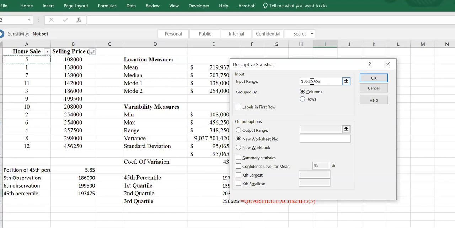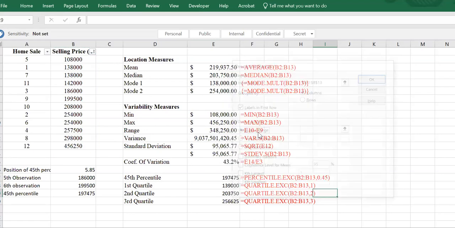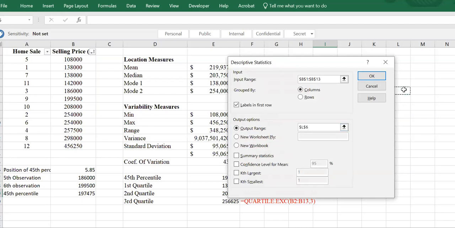You can just make sure to include the first one and check the label, and then you can put it in the table. Then you check summary statistics, and if you want, top 5, top 2, top 3, etc., or bottom 2, bottom 3, etc. You can pick those. And confidence level, we're going to talk about this later, but this will give you most of the items that we just talked about here.